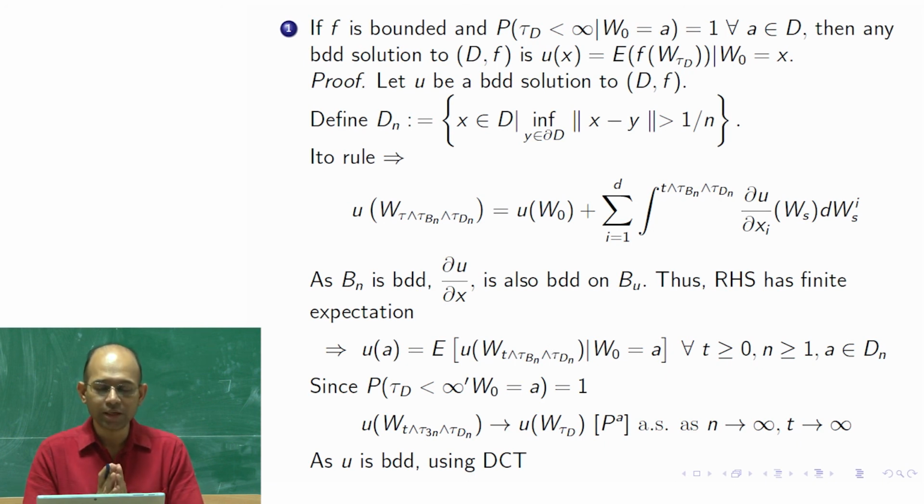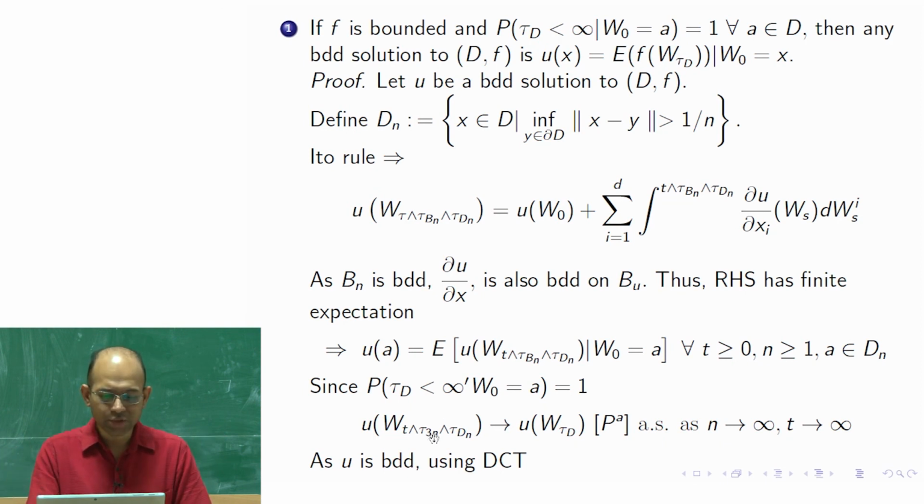Now as we let n tend to infinity, what would happen? When n is very large, the time to leave the ball Bn would increase. So, τ_Bn goes to infinity, because τ_Bn is the hitting time of the boundary of the ball of radius n.